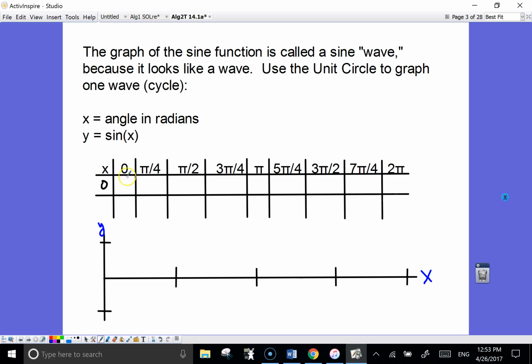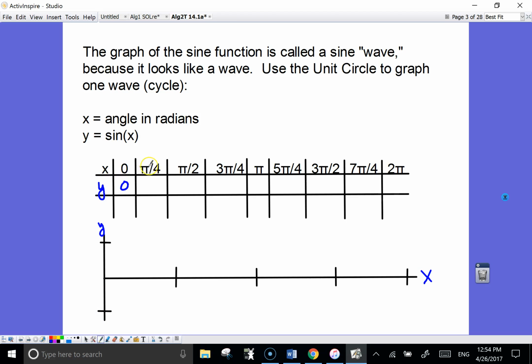So at x equals 0, that's 0. At x equals pi over 4, I'm going to turn that into, oh, actually that's not what I intended to do. In fact, let me change this. This is actually the y.